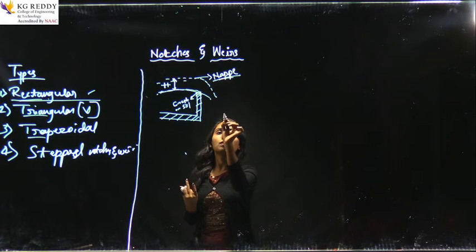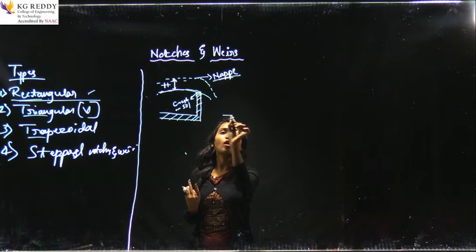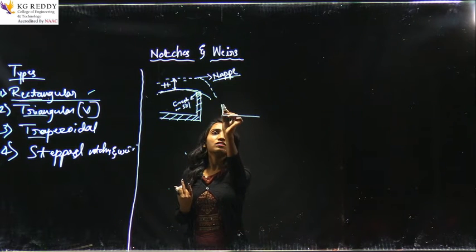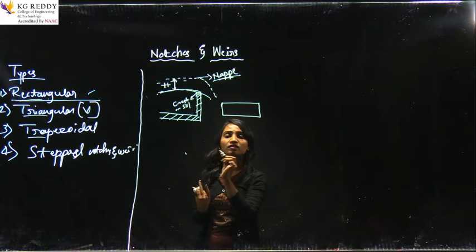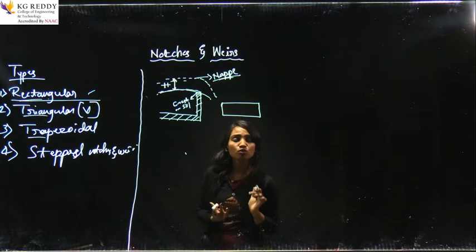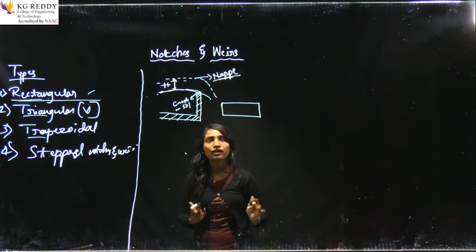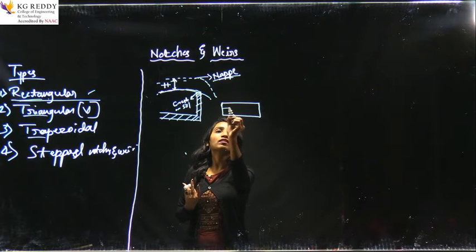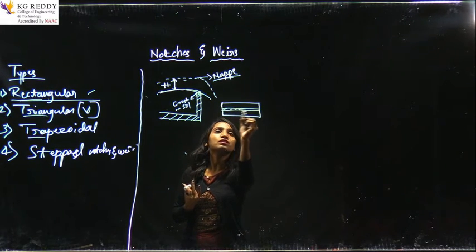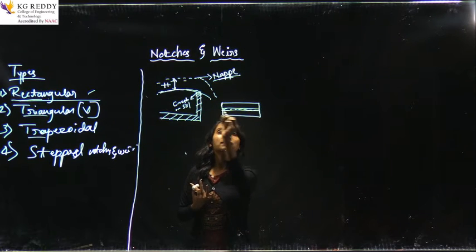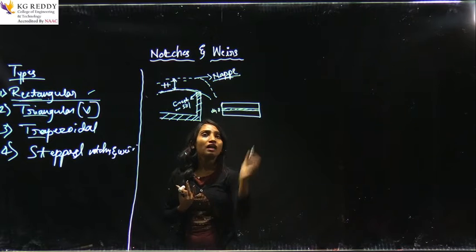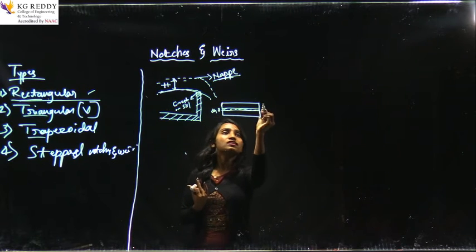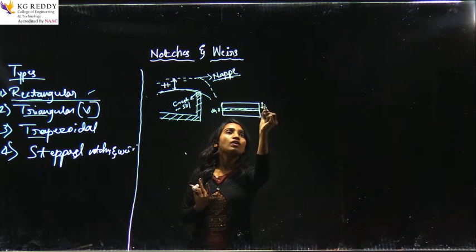Let's have a brief look at the cross section. What are we finding here? These are devices used to find the flow rate. So, to find the flow rate, we will consider one small strip. This height is dh, and the height over this strip is small h.